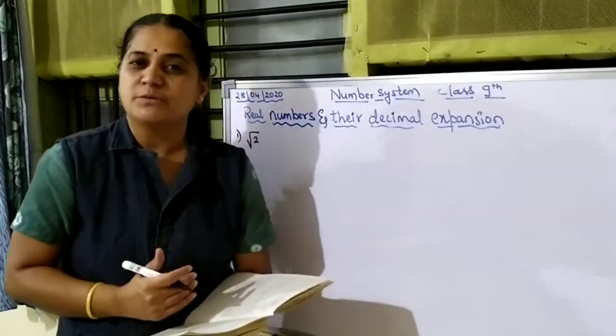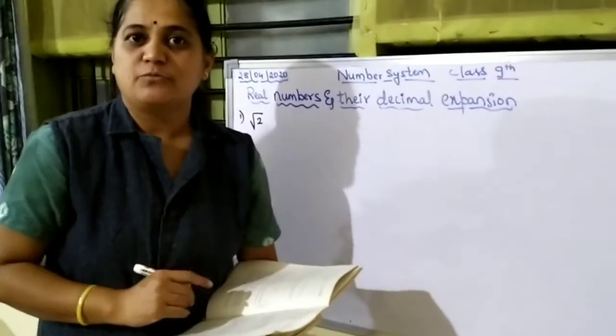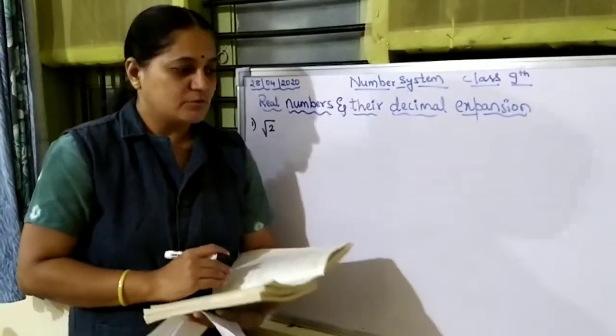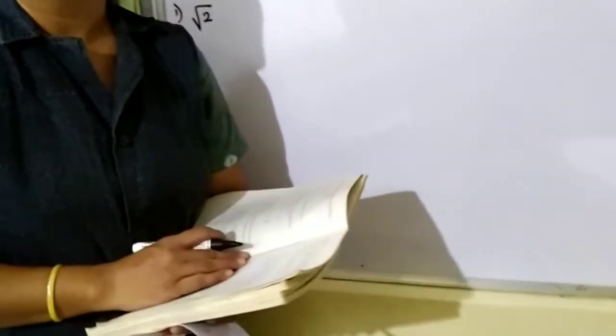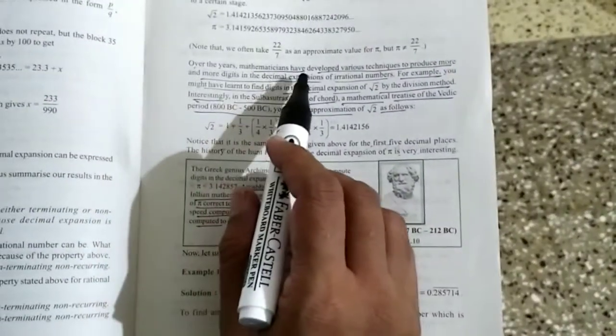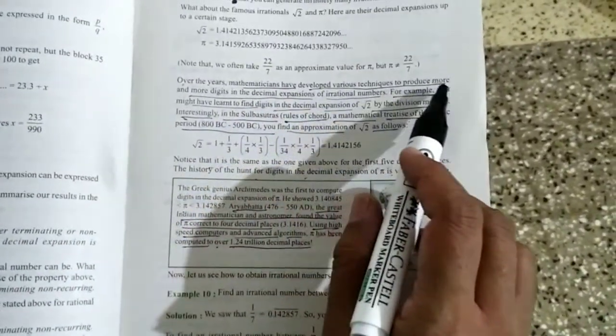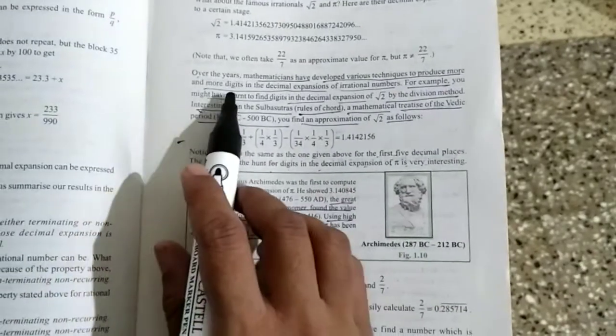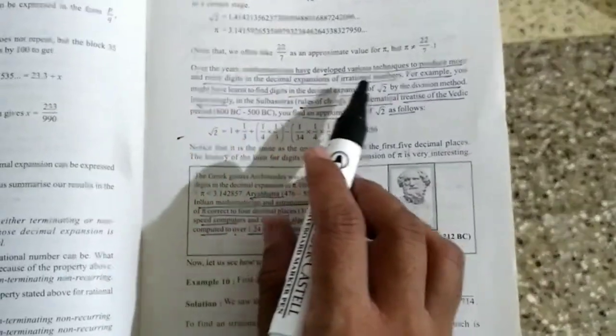Before we move on to that, one thing I would like to share here: how the root 2 value was found in our ancient Vedic period. As you can see here in the textbook, over the years mathematicians have developed various techniques to produce more and more digits in the decimal expansion of irrational numbers.